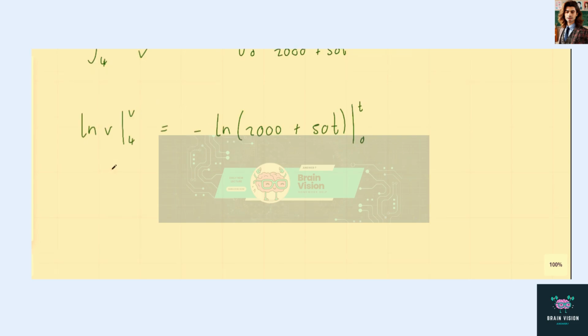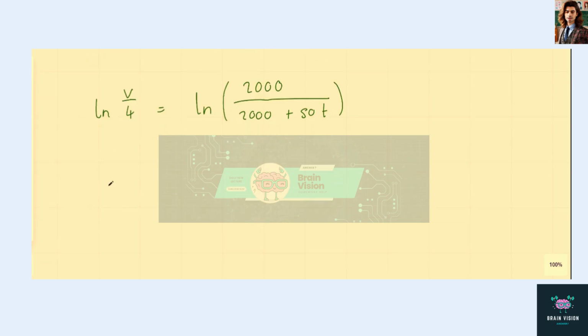And so simplifying this, we get the natural log of v over 4 is equal to the log of 2000 divided by 2000 plus 50t. And so we can simplify one further, get rid of the logs on both sides, and we have v over 4 is equal to 2000 over 2000 plus 50t.